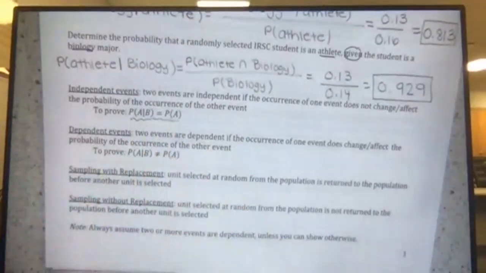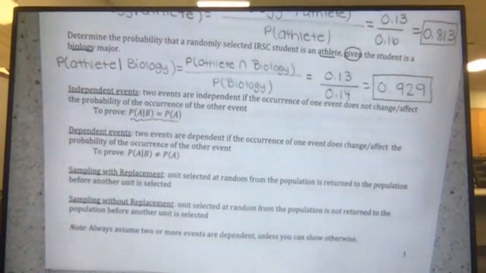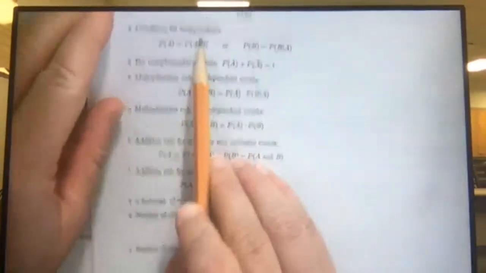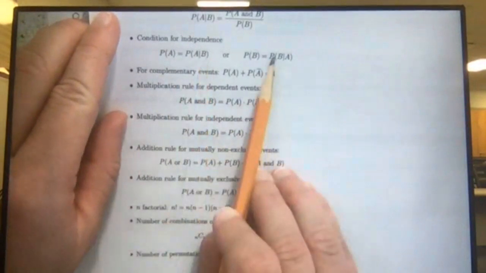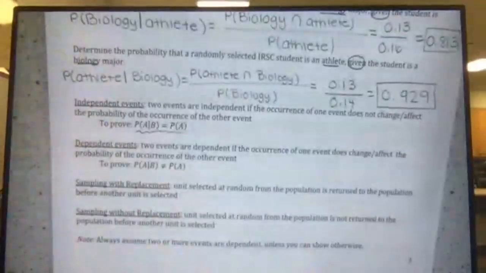Probability of A given B equals the probability of A. And by the way, just to show you, that it's on your formula sheet right here. Probability of A has to be the same thing as probability of A given B, or the other way around. So let's do it.